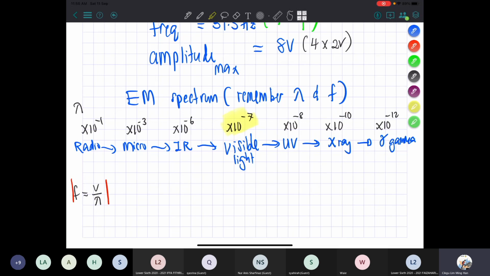From here you can know, because if you go to the right, the wavelength decreases. But if you go to the left, then the wavelength increases. So this visible light is the center.